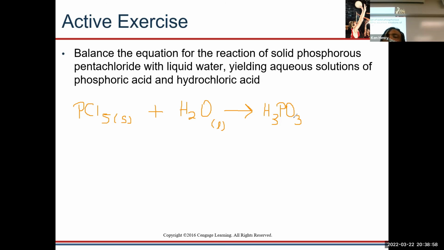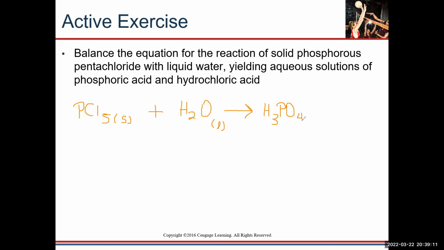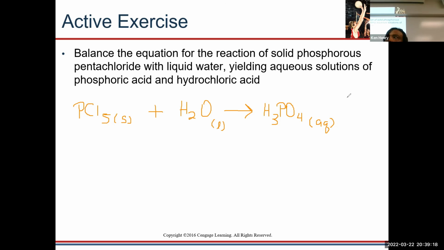So if it's PO3, would that be... It should be PO4. That's right. Okay, solid, liquid, gas, or aqueous? Aqueous. And we have hydrochloric acid. HCl. Okay. And solid, liquid, gas, or aqueous?